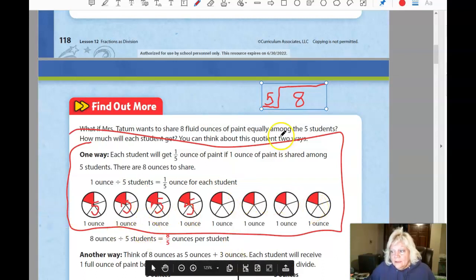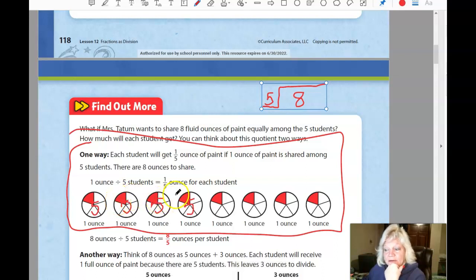Now, let me slow down and think. If I'm getting 1/5 here and 1/5 here, and a fifth here and a fifth here and a fifth here, if I took just this section right there, now I have 5 out of 5.